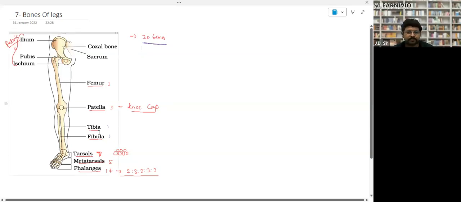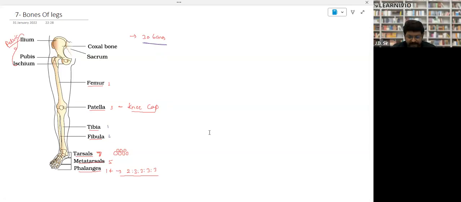This has been asked. Out of tibia and fibula, which one is longer? This question has been asked. Note down. Patella is called kneecap. Tibia is longer and thicker than fibula. Note down. Tibia is longer and thicker than fibula.